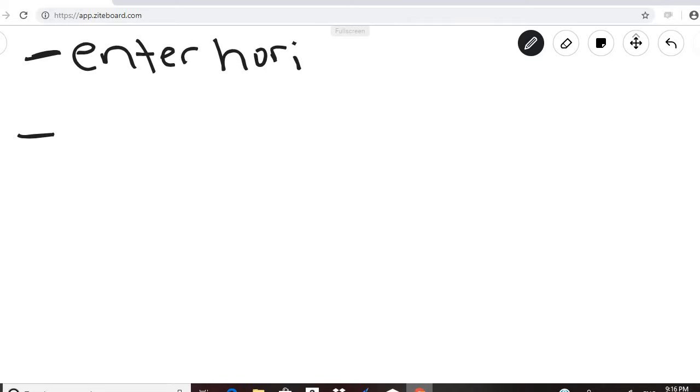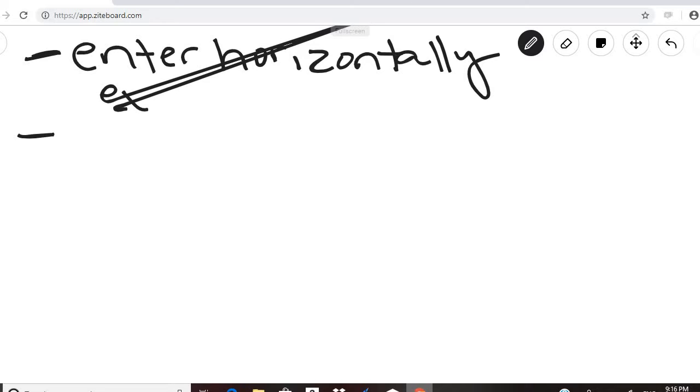Okay, so two rules. There's actually three rules, but we're just going to apply two of them. So if they enter horizontally, we just said the light rays that enter horizontally will exit through the focal point.